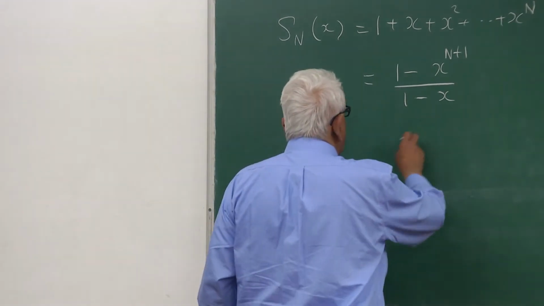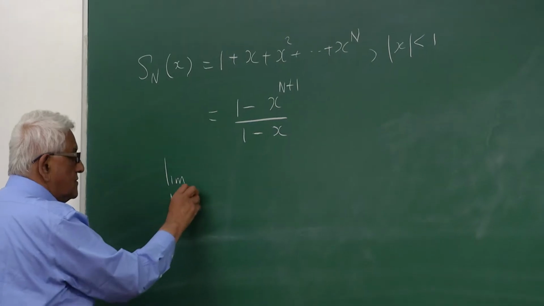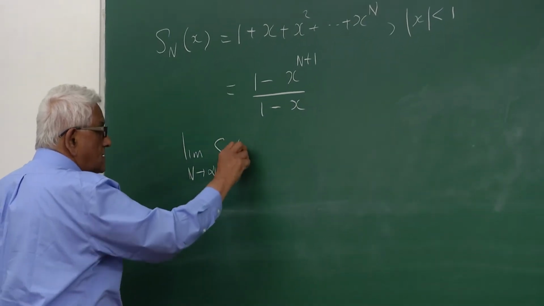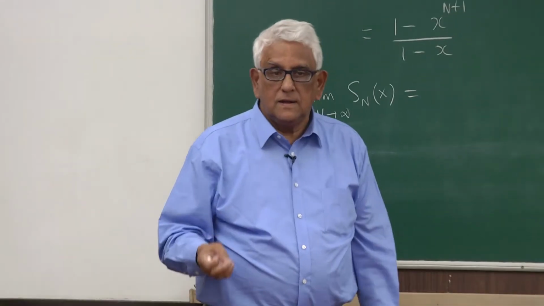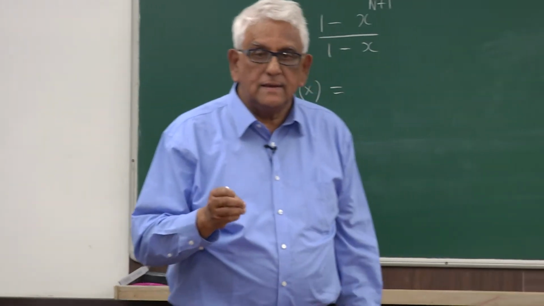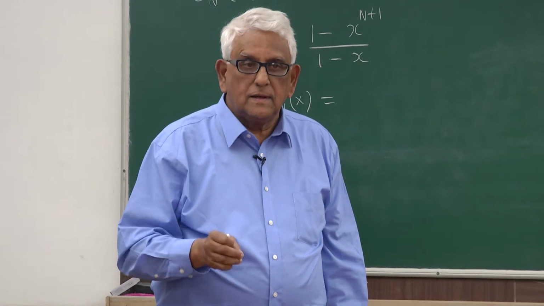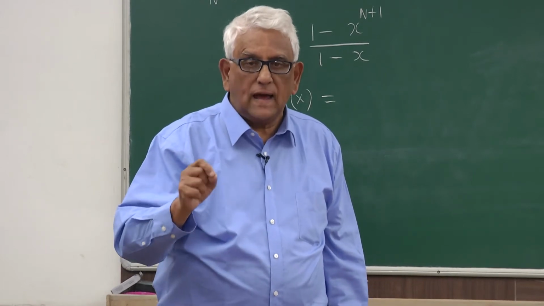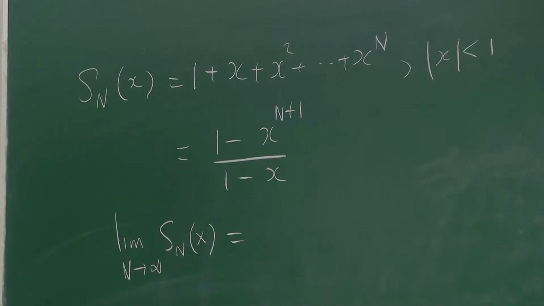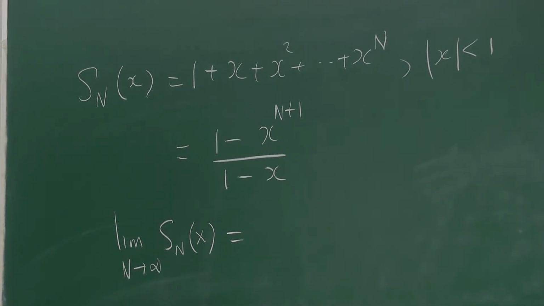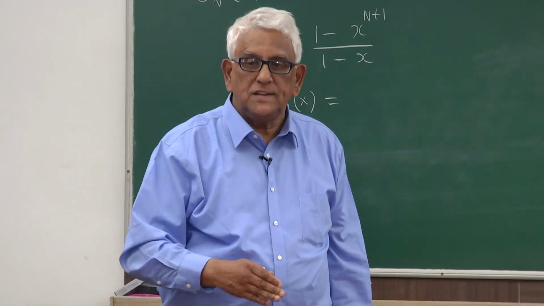Now we can take a limit as n goes to infinity, Sn of x, you see, and as I said, Sn is a function of n. X is some particular value which is less than 1. But once we look at this x value, and if I change n, the number I get by summing changes.